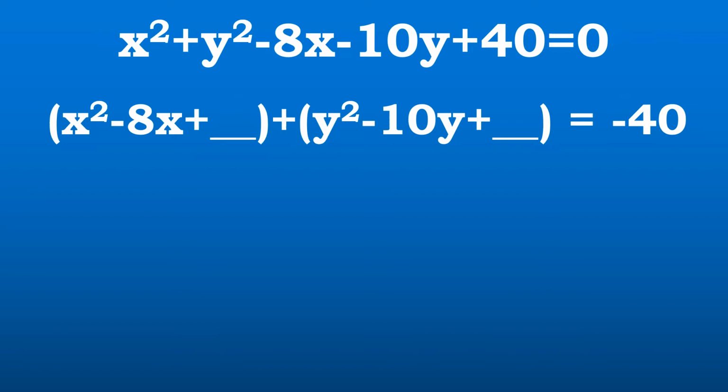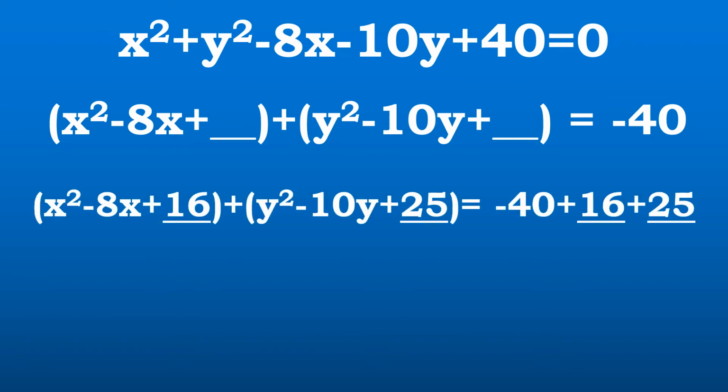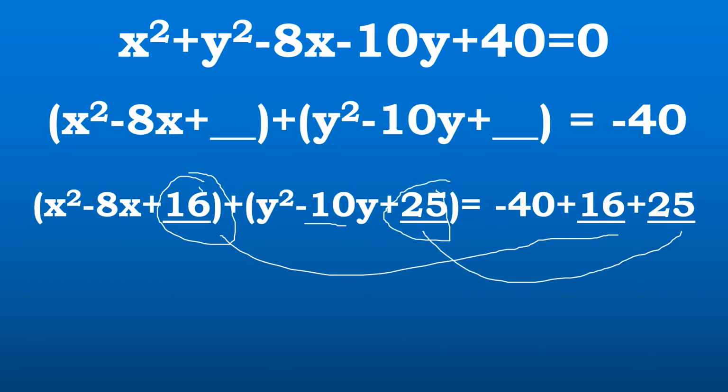So, lahat ng ilalagay natin dyan sa blank na yan will be added doon sa tabi ni negative 40. So, negative 8 divided by 2 is 4. 4 squared is 16. So, 16 na to, i-add mo rin dito sa kabila. So, dito naman, negative 10 divided by 2 is negative 5. Negative 5 squared is 25. So, kung anong in-add mo dito, yun ang i-add mo sa kabila.